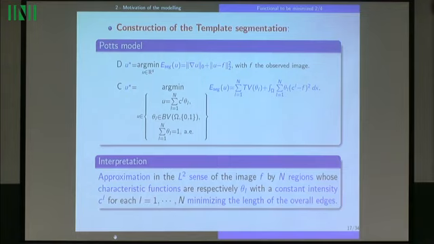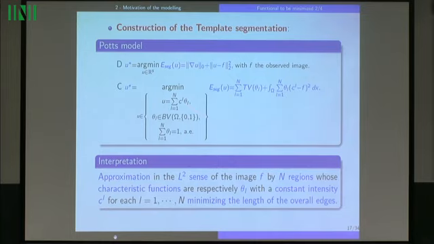And in the continuous setting, we have this counterpart in which the total variation appears. And for a characteristic function, the total variation measures the length of the perimeter of the set. And so what does this model do?